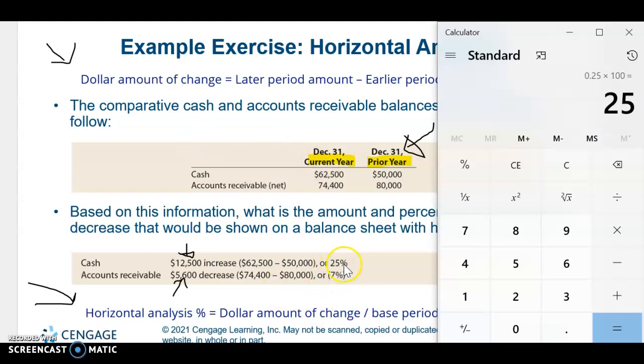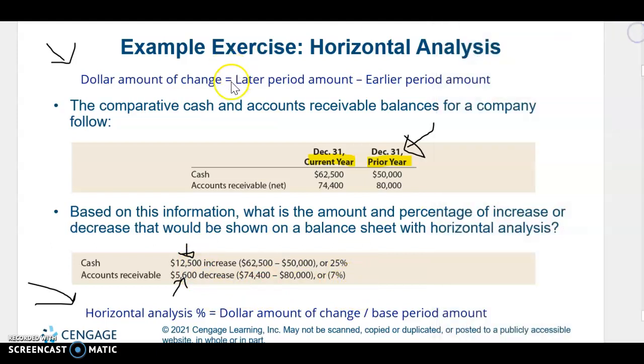That is a 25% increase in cash. For accounts receivable, the change is 5,600. Divide it by the base year, which is 80,000, and times it by 100 or move the decimal 2 places to the right, and it's a 7% decrease. So that is how you perform a horizontal analysis.